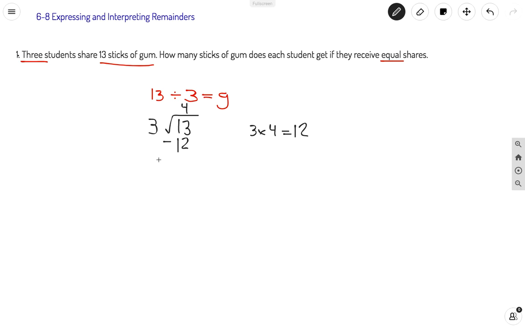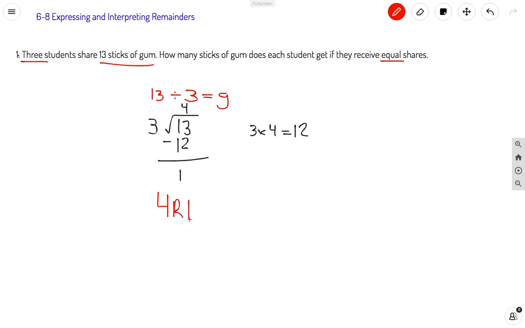So I'm going to subtract. And 13 minus 12 is 1. So I know right now that my answer is 4, remainder 1.